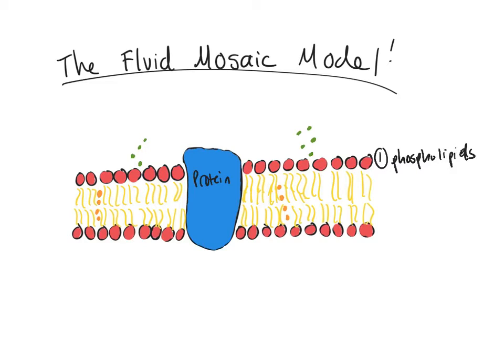We have our glycoproteins up here, which are going to help with cell-to-cell recognition, telling neighboring cells that, oh, hey, I'm the right cell to be in this place. And then you've got cholesterol chilling in the middle of the bilayer. So that, in a nutshell, is the structure of our lovely cell membrane.